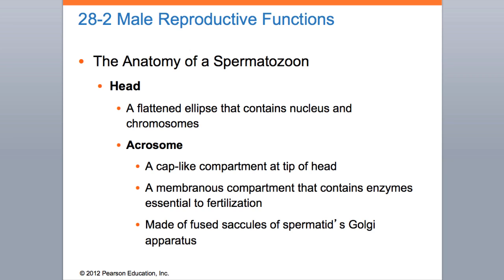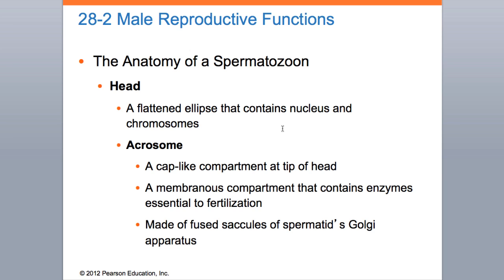So we have the head containing the acrosome. So the sperm has a head containing the acrosome. Of course, you'll find the nucleus there as well. So the nucleus is inside, within that acrosome, within that head.